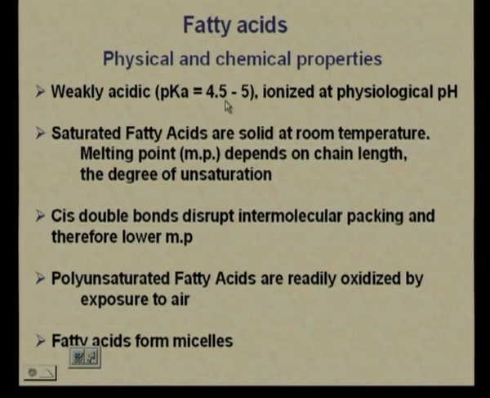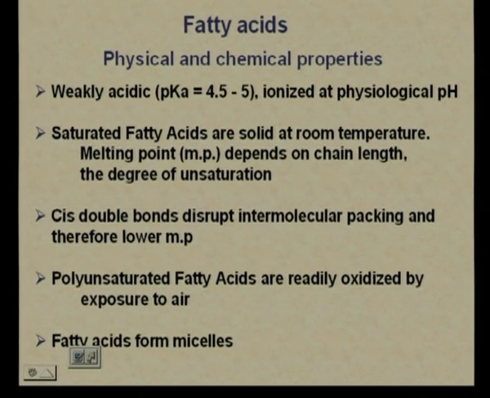So, we have weakly acidic fatty acids. The saturated fatty acids are solid at room temperature. The melting point depends upon the chain length and the degree of unsaturation. The cis bonds, with the kink, disrupt the molecular packing, so it lowers the melting point.